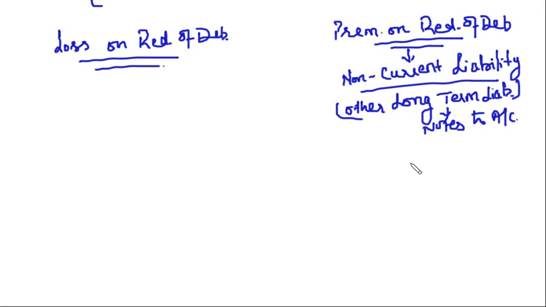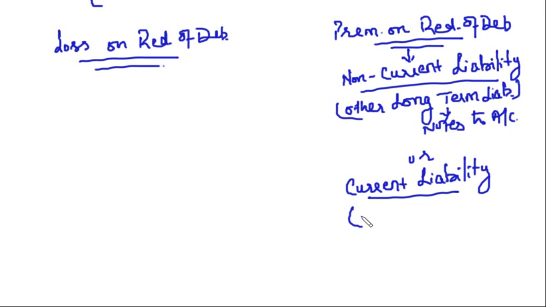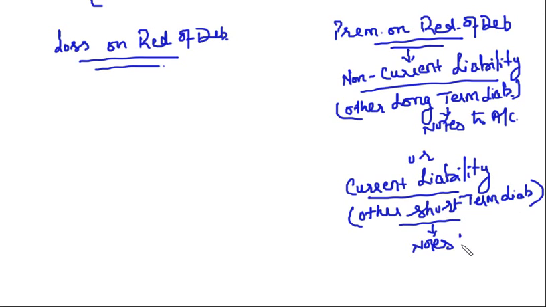Clear? Or it will be shown as current liability if it is payable within a period of 12 months. Under current liabilities, the subhead other short-term liabilities, and this will be shown in notes to accounts.